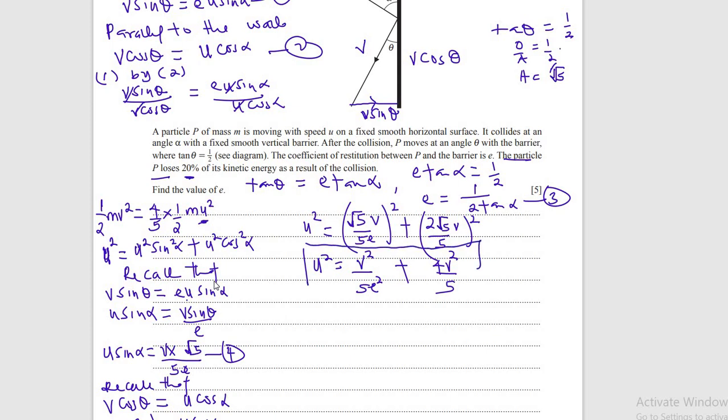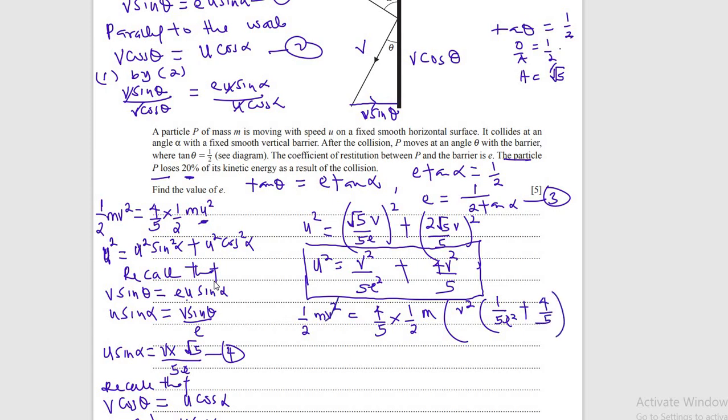Then substitute the u squared into the kinetic energy. We recall that the particle loses 20% of its kinetic energy, so at the end of the day, we resulted in half m v squared equal to 4 over 5 times half m u squared. And u squared is v squared into bracket 1 over 5e squared plus 4 over 5.